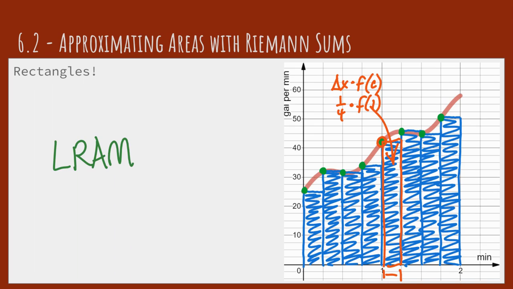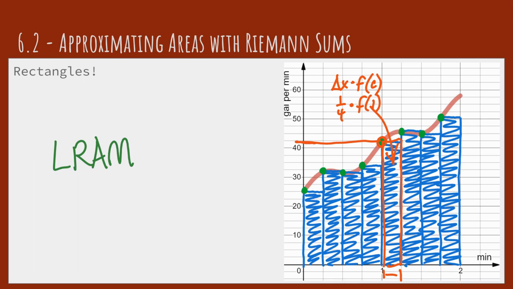If we knew what the function was, then we could plug 1 into the function and multiply 1/4 times the function, and that gives us the area of that rectangle. On a graph here, we might just approximate it using the graph, and it looks like the height is going to be on that line there, which looks like about 42.5.